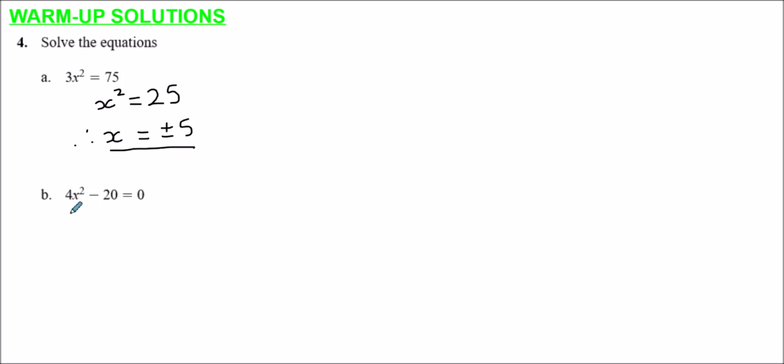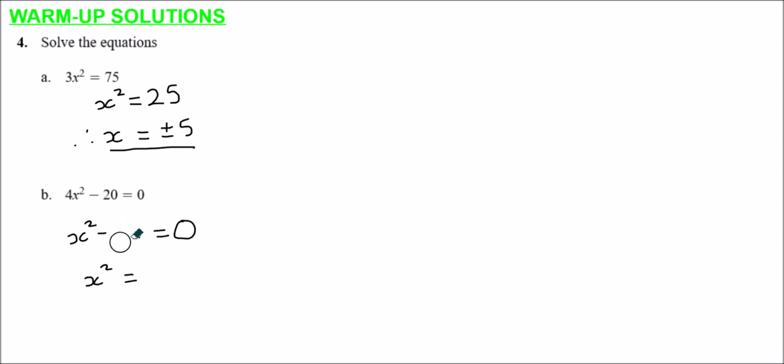For part B, again we can divide both sides by a certain number. So here we have x squared minus 20 equals 0. Add 20 to both sides. That's going to give us that x squared equals... whoops, I divided the x squared but not the 20.